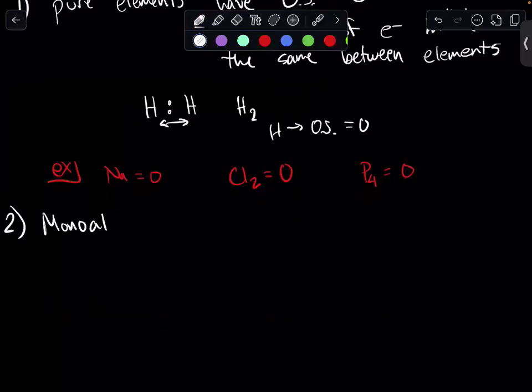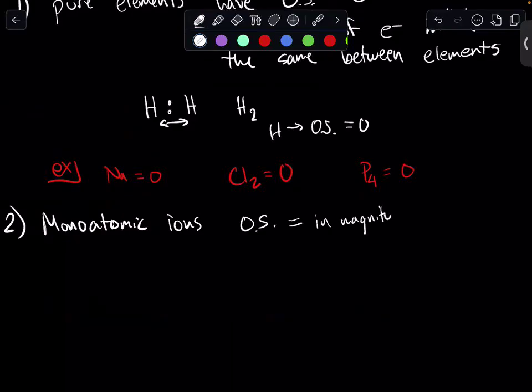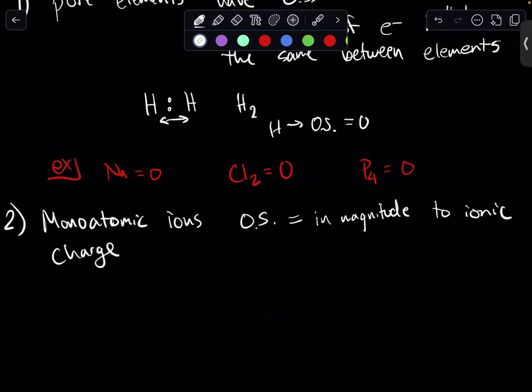monoatomic ions, so ions that are one atom, have an oxidation state equal in magnitude to the ionic charge. So, for example, remember, charge and oxidation state are not the same, but the magnitude still will be.